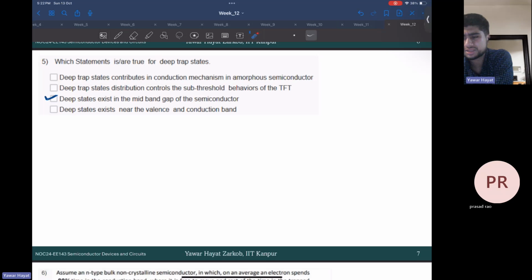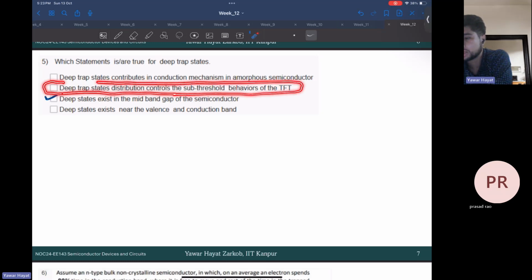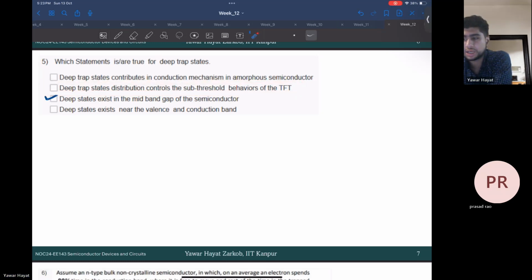No, right? Because we already said that these deep states exist in the mid band gap of the semiconductor. So there is no way this and this can be correct. So we are only left with one option, which could be correct, right? Let's study that. Do deep trap states distribution control the sub-threshold behavior of TFT? Do they control it?